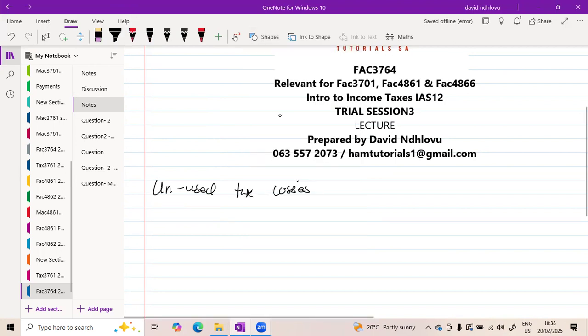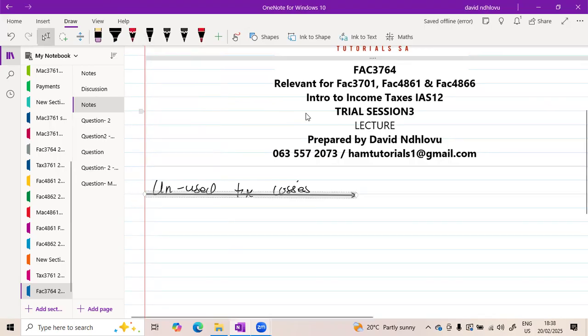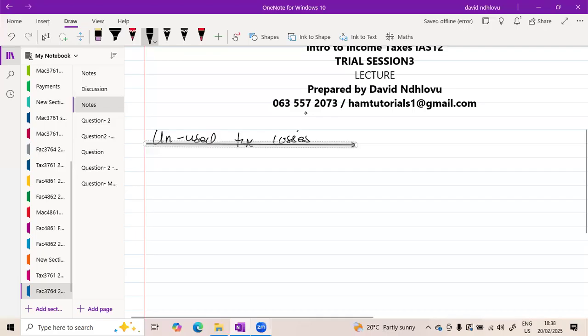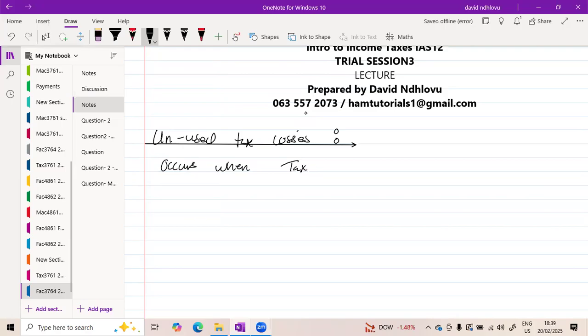Just like in financial accounting, where sometimes an entity can incur a loss instead of a profit, it is also possible for tax purposes that instead of having a taxable income, we end up with a tax loss.